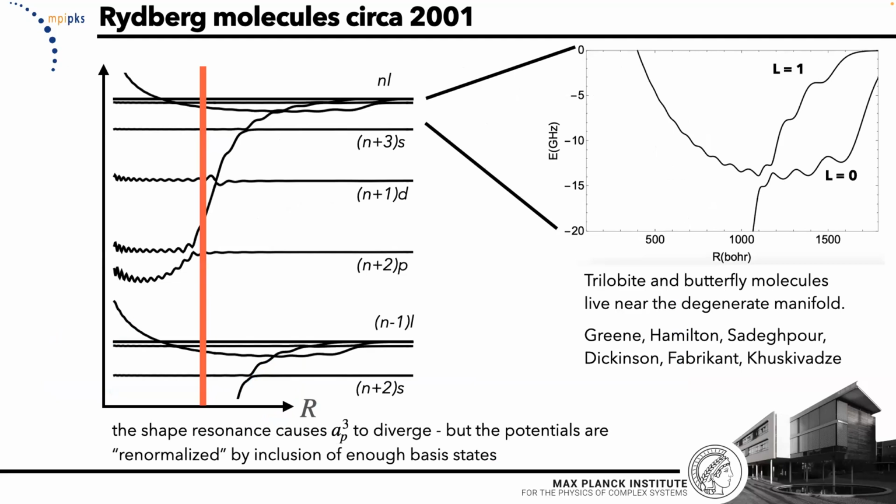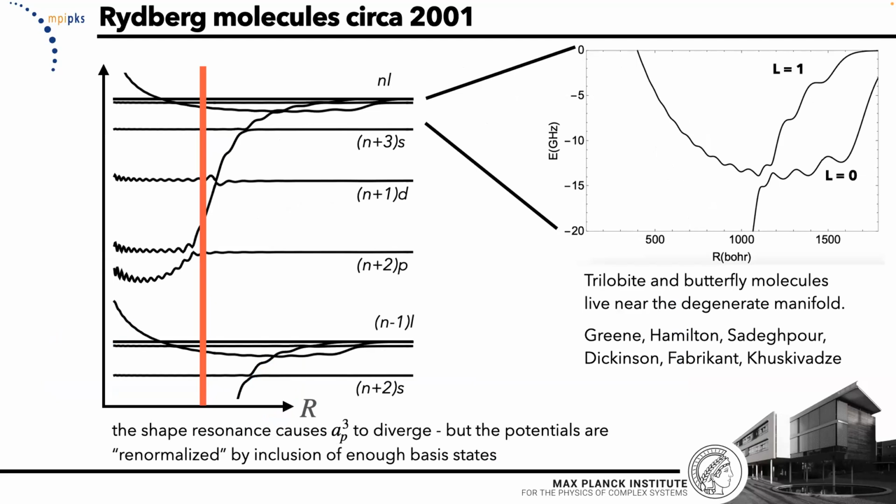Now, when you include the P wave scattering due to the Omont pseudopotential, the situation gets a bit more complicated because, as many of you know, the alkali atoms all have a P wave shape resonance. And this is denoted in this internuclear distance by this red bar here.